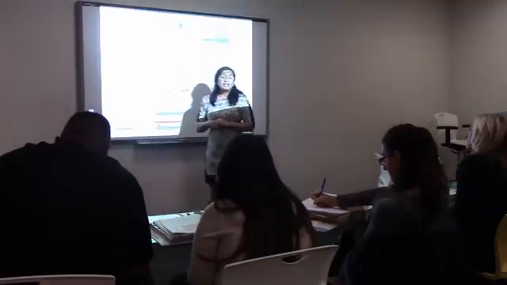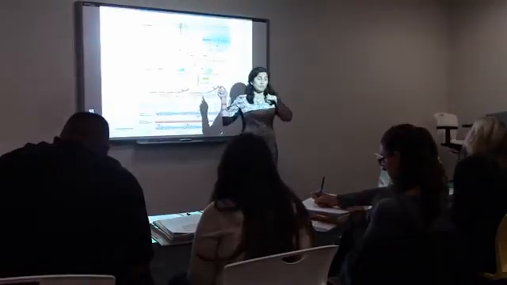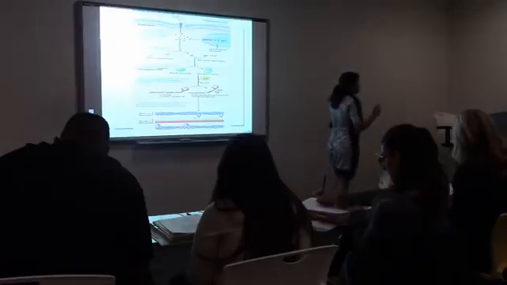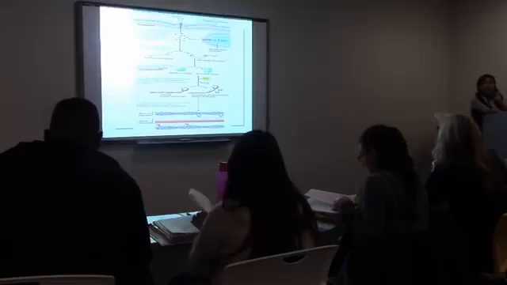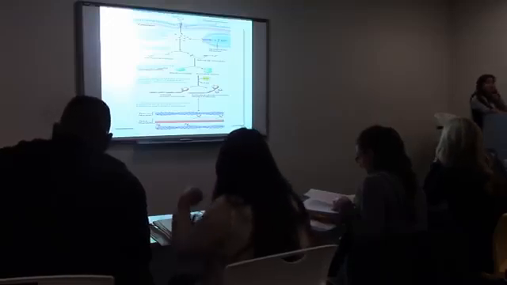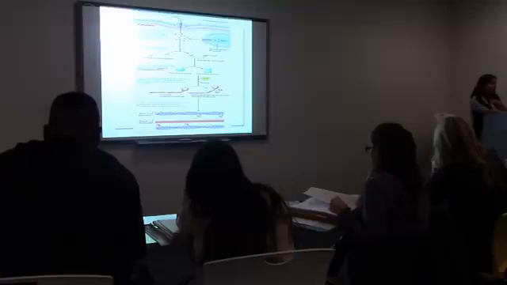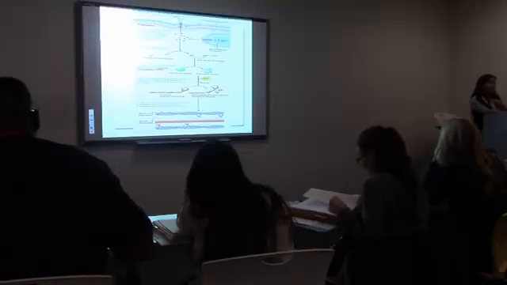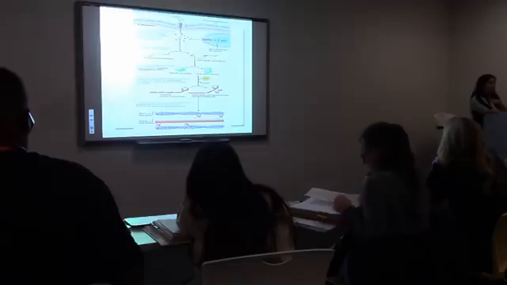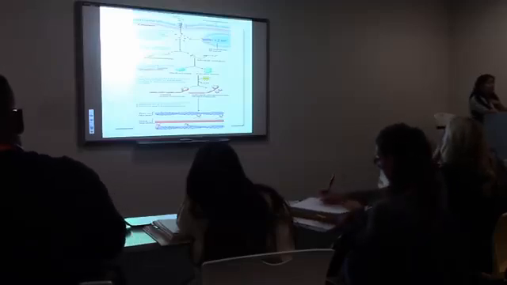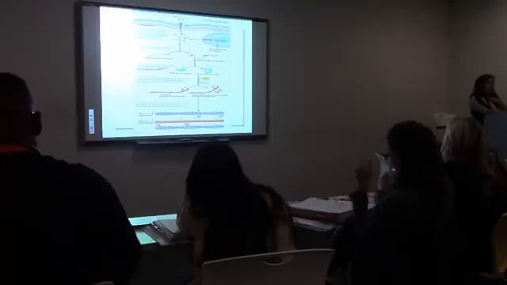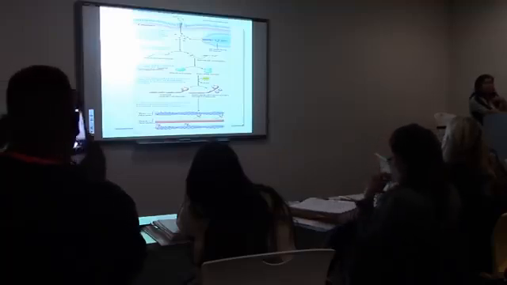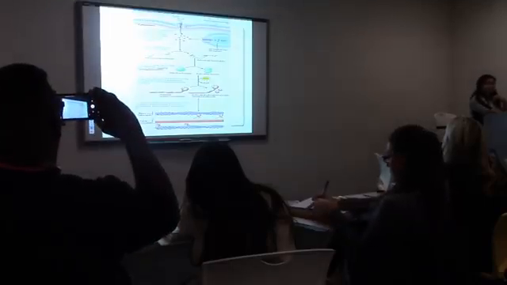Okay, listen up. Let me explain the whole process with this one big slide. Look at my mouse. Calcium from the extracellular fluid comes into the smooth muscle cell by the voltage dependent or voltage independent calcium channel. Once that calcium comes in, it rushes to the SR, causing the SR to open up, meaning it opens up the ryanodine receptor. So more calcium comes out. Now the cytosol is flooded with calcium.